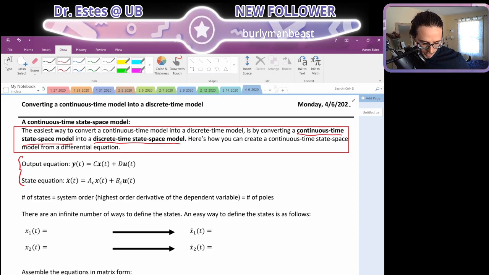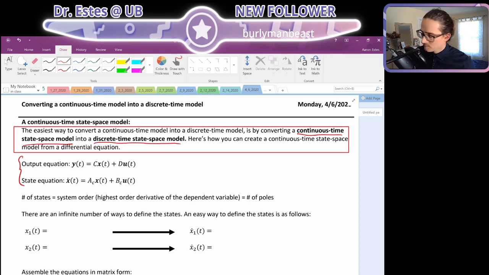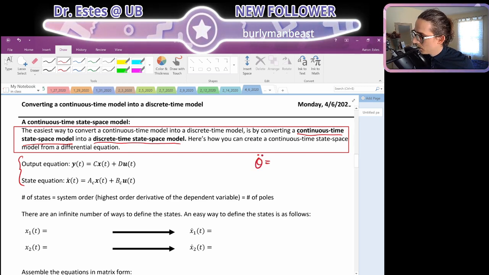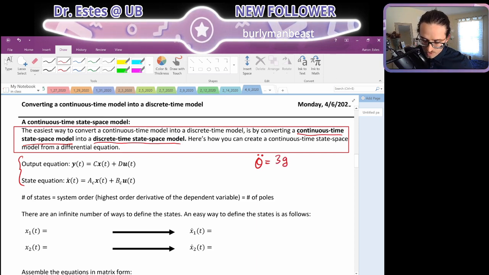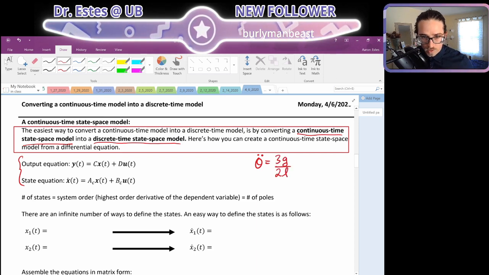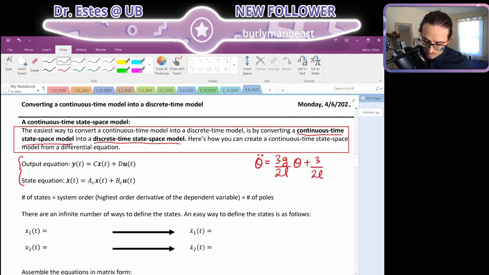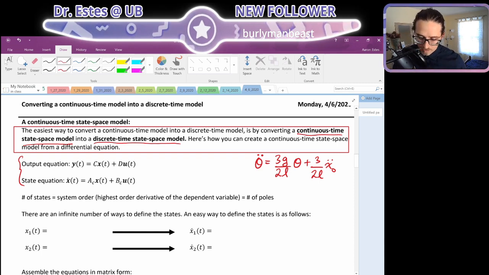So let me rewrite our differential equation down here. It's theta double dot equals 3g over 2L, the length of the pendulum, times theta, plus 3 over 2L times x double dot naught.